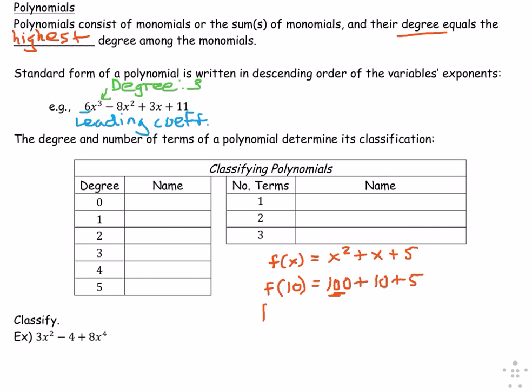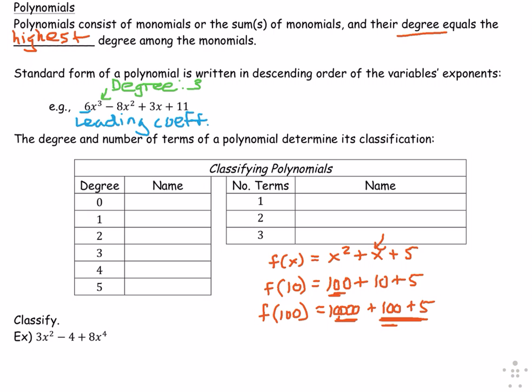Let me substitute in a larger number, say 100. That squared is going to be 10,000. And we could see very quickly that this x squared term is trumping these other terms, especially the constant, which never changes. But even the x linear term fails to keep up.